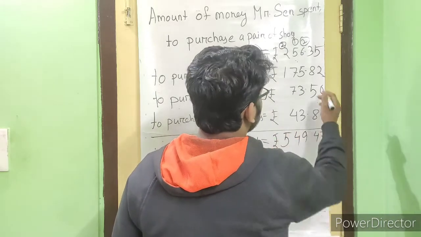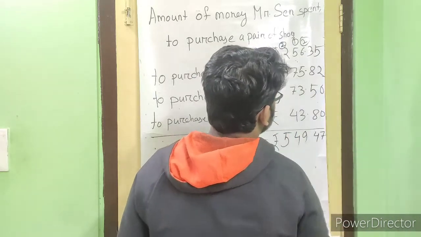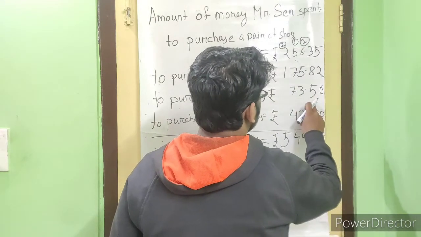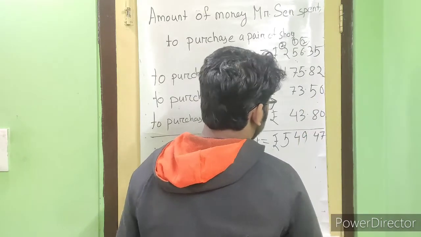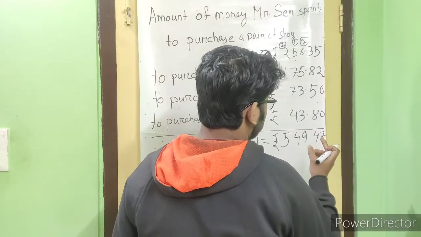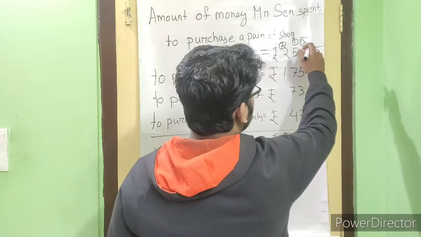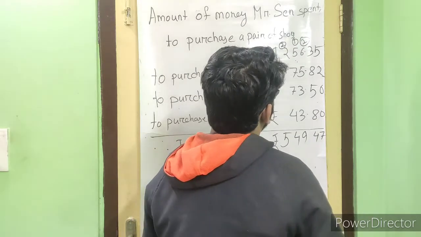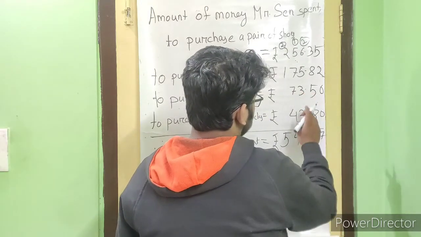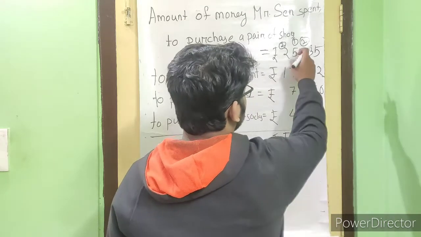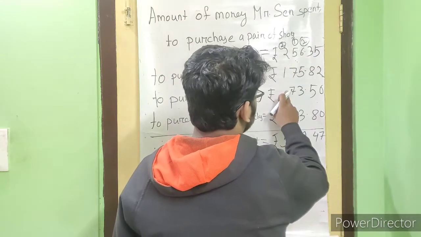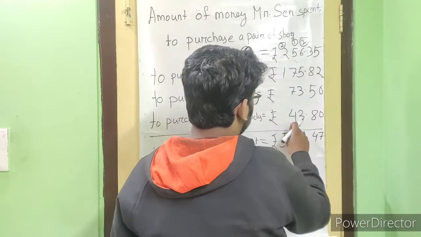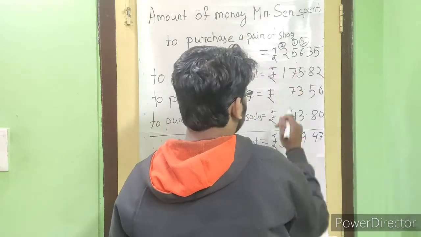Yes, again I am checking. 5 plus 2 equals 7, 8 plus 3 equals 11, 11 plus 5 equals 16, 16 plus 8 is 24, 4, carry 2 over here, 6 plus 2 equals 8, 8 plus 5 equals 13, 14, 15, 16, 17, 18, 19, 9, carry 1, 5 plus 1 equals 6, 7 plus 7 equals 14, 14 plus 6 equals 20, 20 plus 4 equals 24, carry 2, 2 plus 4 plus 1, 5.